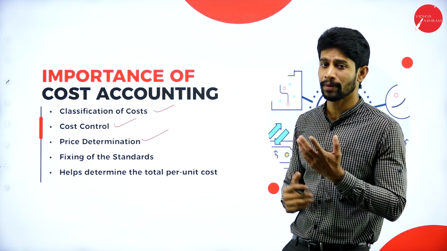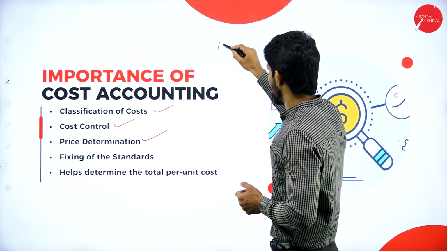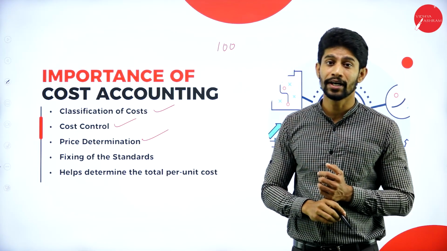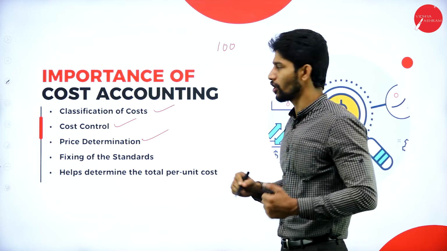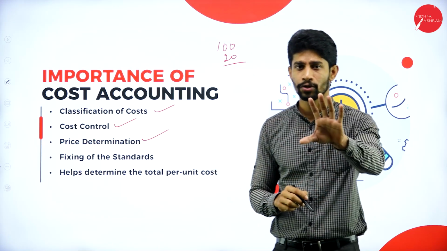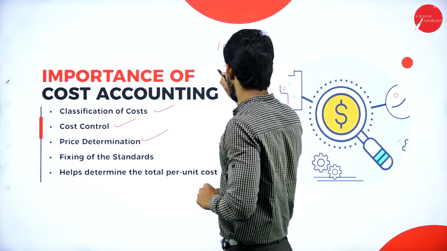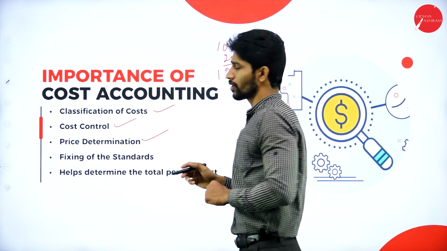How can you determine the price of a product? For example, you spent 100 rupees to produce a product, that is the cost, and you want 20 rupees profit. So what is the total? 120. So what is the selling price?